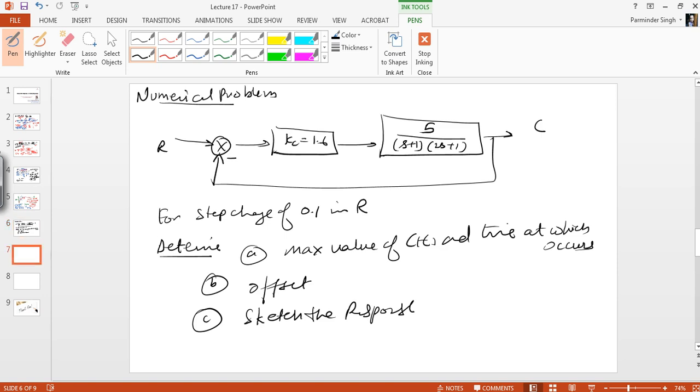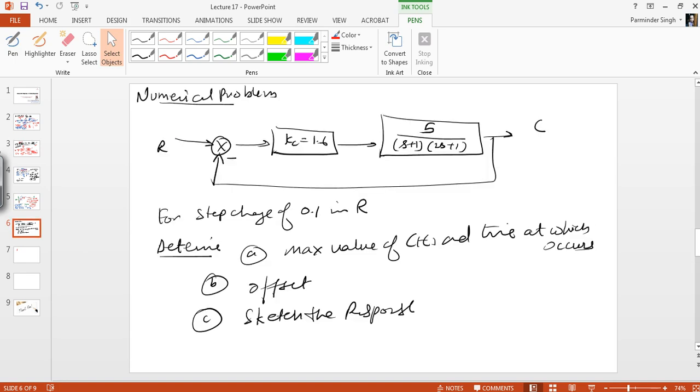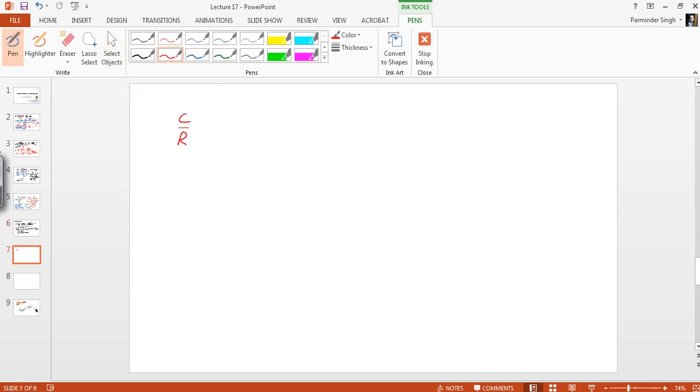We'll find out C by R first. So what will be C by R in this case? C by R will be the multiplication of both these blocks because they are in series, and then we have a feedback. So C by R comes out to be 5 Kc upon (s plus 1) into (2s plus 1) plus 5 Kc.